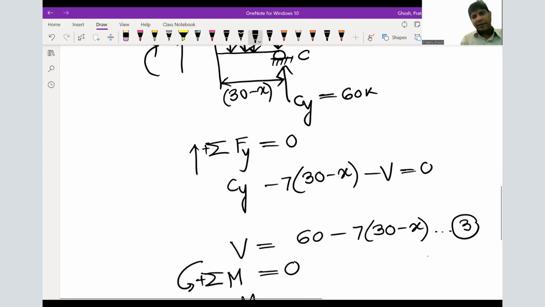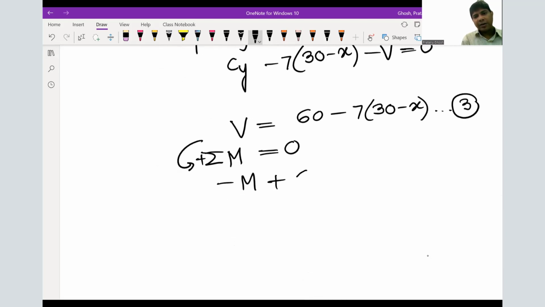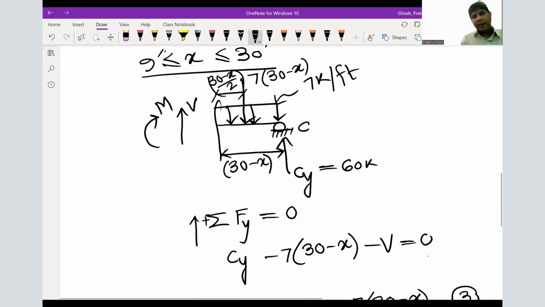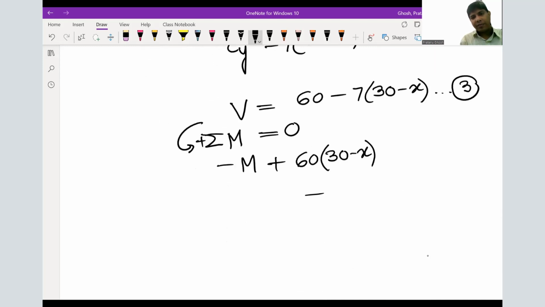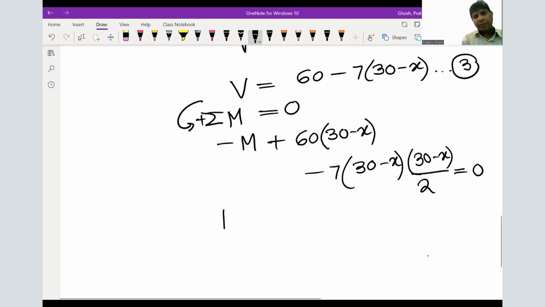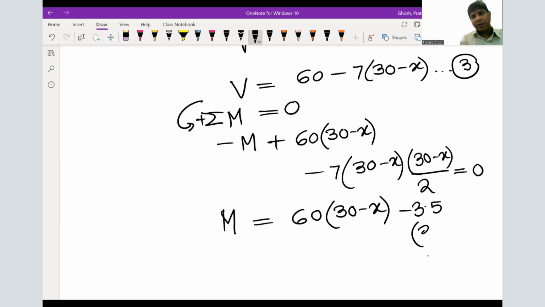Cy times 30 minus x counterclockwise. And 7 times 30 minus x, and distance is 30 minus x over 2, clockwise moment. So we are just simplifying a little bit, not fully, so that we can plug in the values. Equation 4.